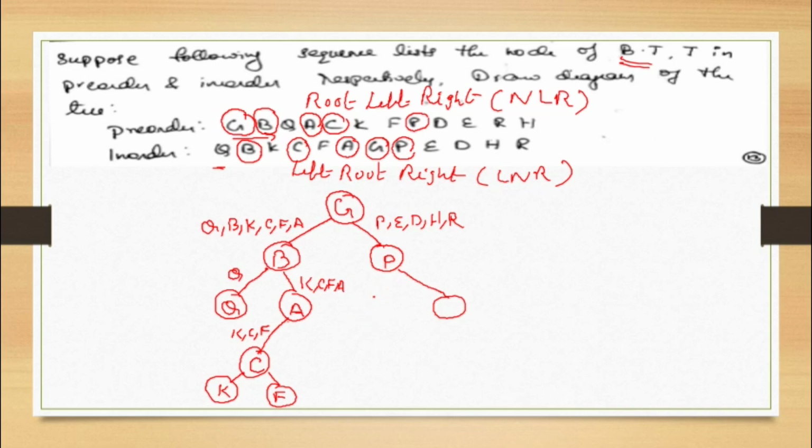Next, in E, D, H, R, what comes first? D comes first, correct? Now I have E, H, R, so D I have to search here, and E is to the left, which is level with C. So I have E here and H, R to the right.